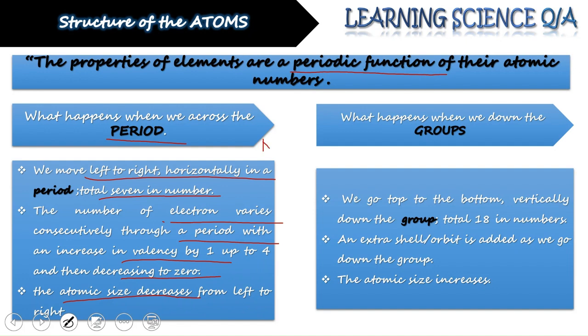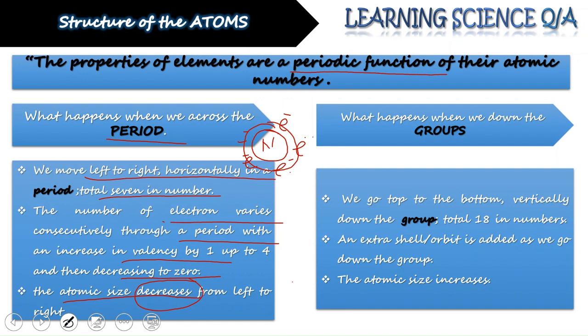Because when we are moving in the period, the electrons are getting added in the same shell, like 1, then 2, 3, 4, and so on. So these electrons are getting added in the same shell, which gradually increases the attraction between the nucleus and the outermost shell, resulting in the decrease of the atomic size when moving across the period.